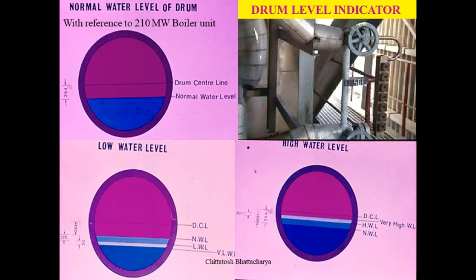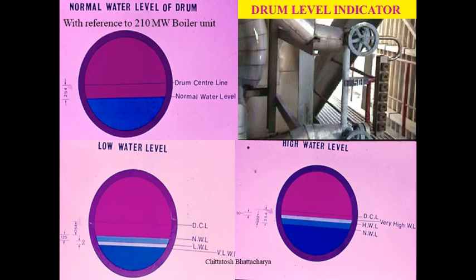And if steam flow is less and water flow is more, water level will continue to rise, and when the rise goes by 5 inches above the normal water level, it is termed as high water level, and when it goes beyond the high water level by another 2 inches, it is very high water level. Just like low water level, at high water level we have alarms, and if it goes to very high water level, then there may be tripping.